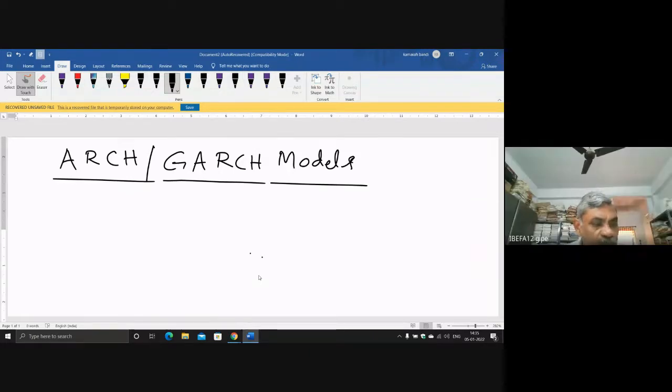Yesterday we started the discussion on the volatility models. We noted that volatility is an unobservable phenomenon that has to be modeled. But how it should be modeled depends on the kind of approach that we adopt.